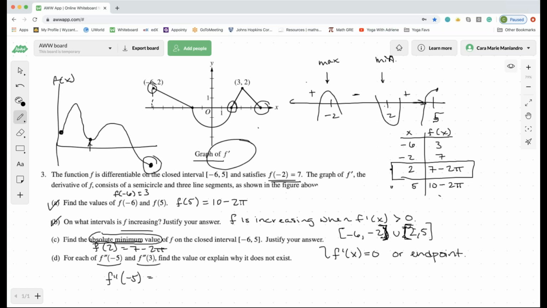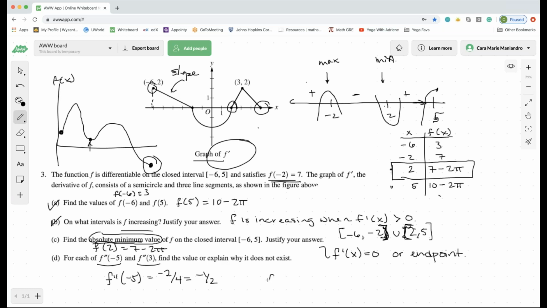Just the slope, so change in y is -2, and change in x is 4, so -2/4, -1/2. Everybody good with that? Slope of this? Wow, that's terrible handwriting.